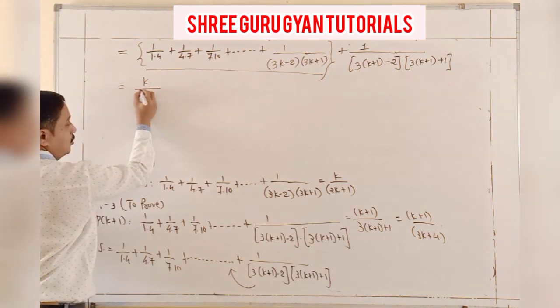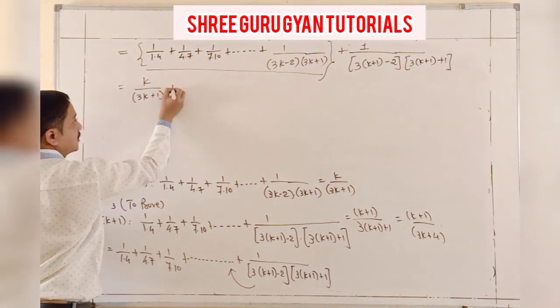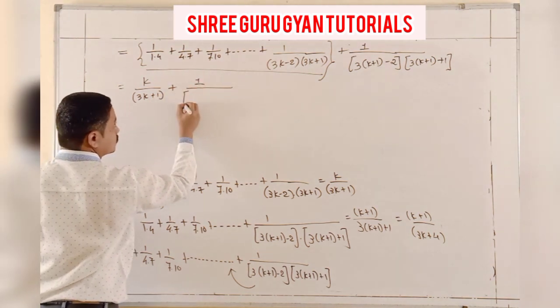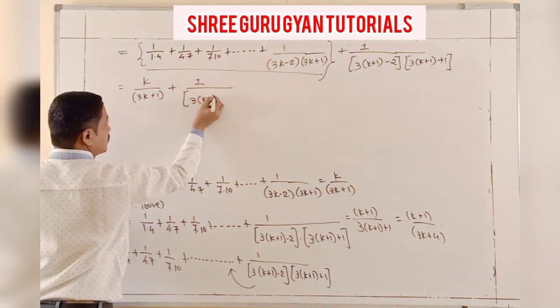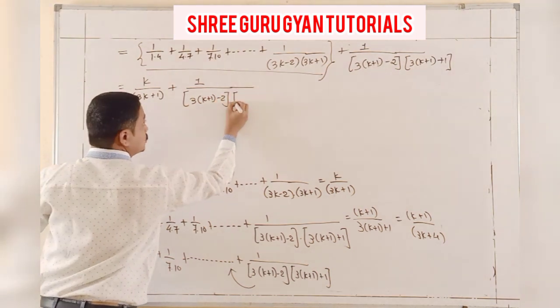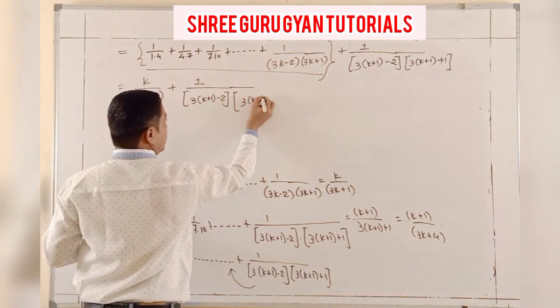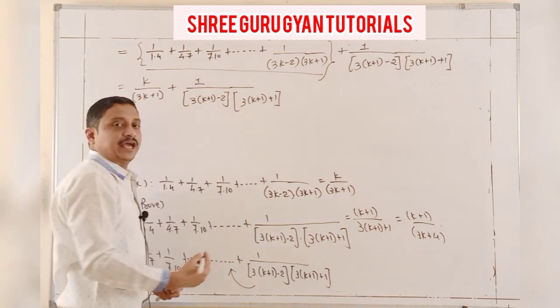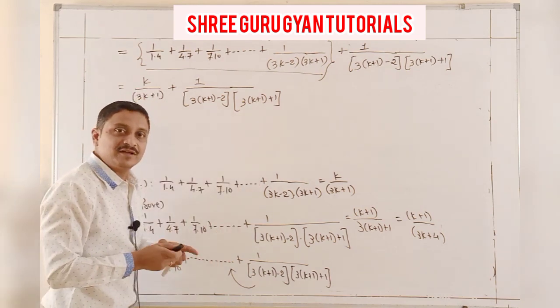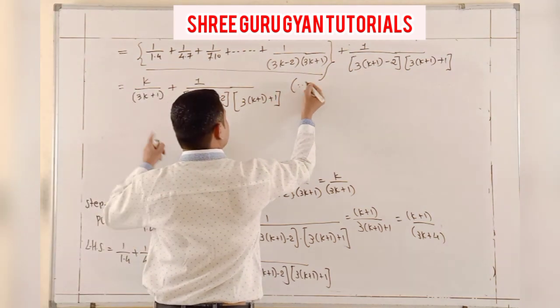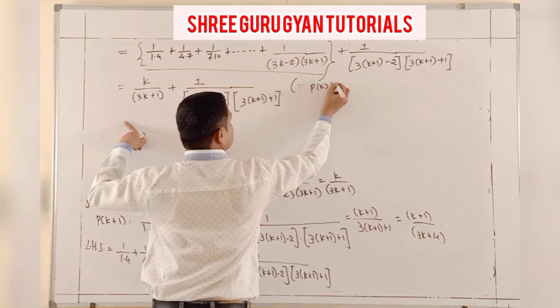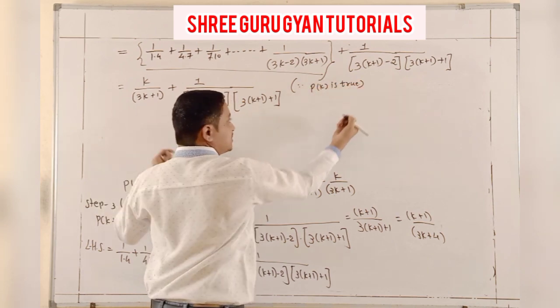K below 3k plus 1. And here the same, 3 with k plus 1 minus 2, 3 with k plus 1 plus 1. And side by side, we can show here we utilize Pk is true, and that principle I apply.